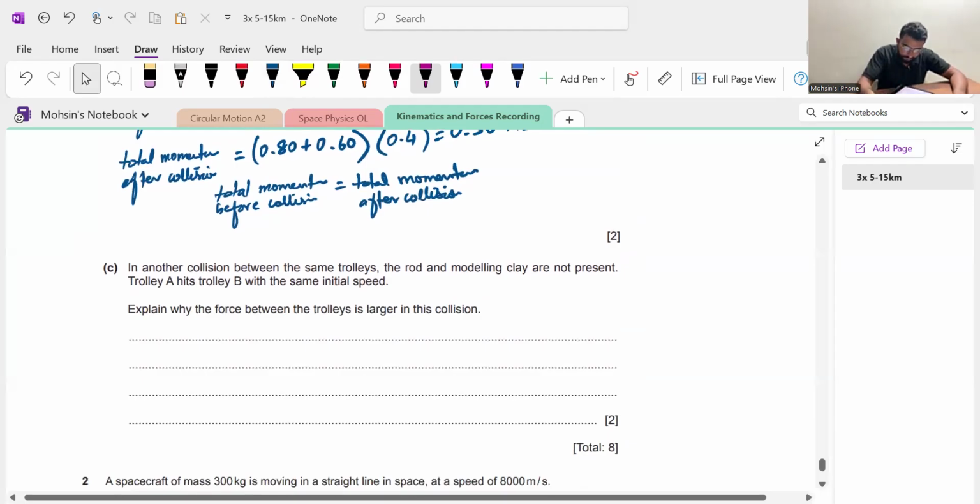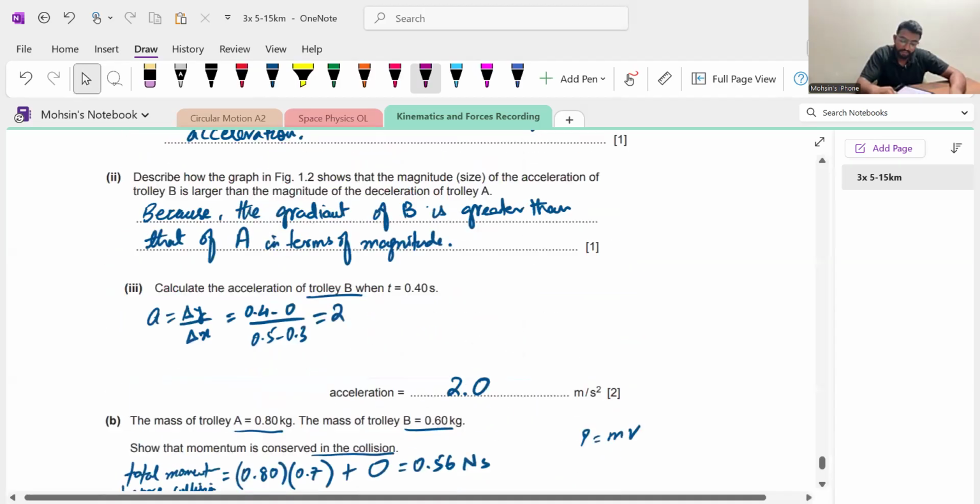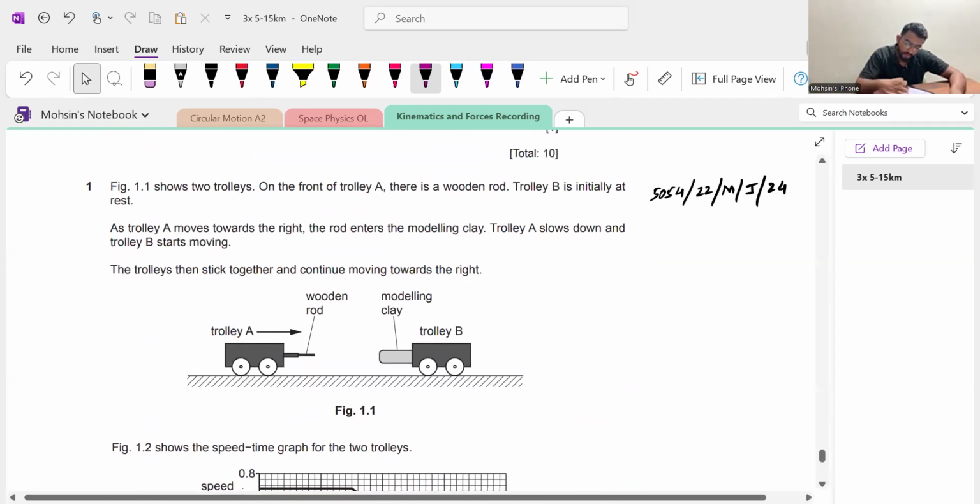Now, in another collision between the same trolleys, the rod and modeling clay are not present. Trolley A hits trolley B with the same initial speed. Explain why the force between the trolleys is larger in this collision. So there is no wooden rod and no modeling clay.